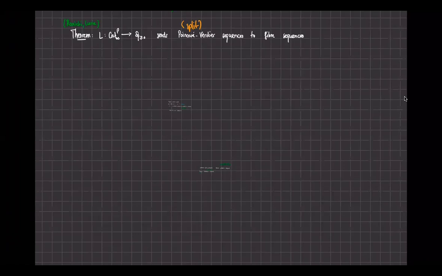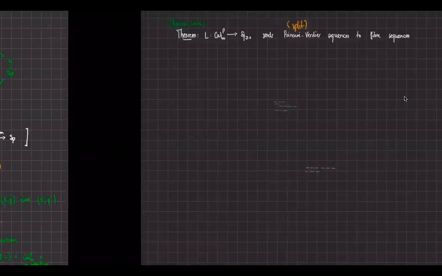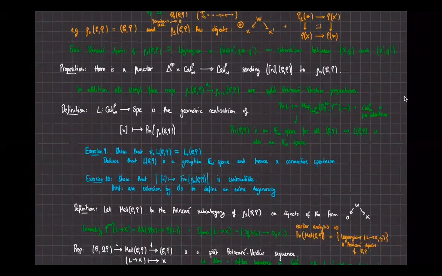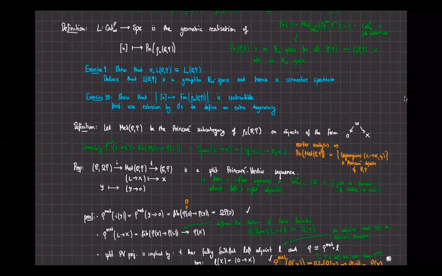The general reason for such a result, or the way that Jacob, for instance, proves this, is that he observes that if you have a Poincaré-Verdier projection, for instance, of this kind, well, the L-theory space was given by a geometric realization of a simplicial space. And the theorem one proves is that if one has a Poincaré-Verdier projection, then this map of simplicial spaces is a Kan fibration of simplicial spaces.